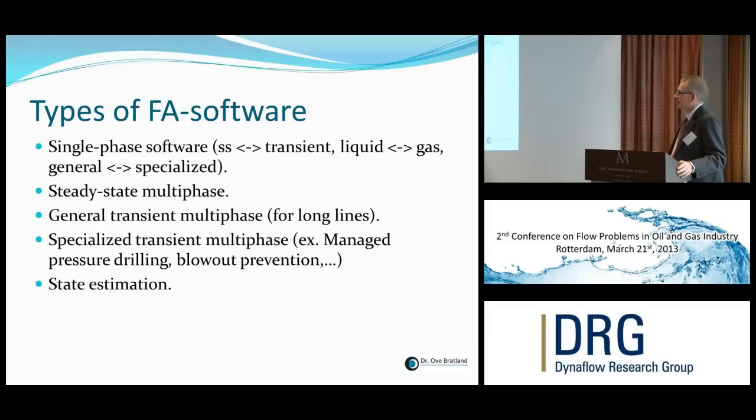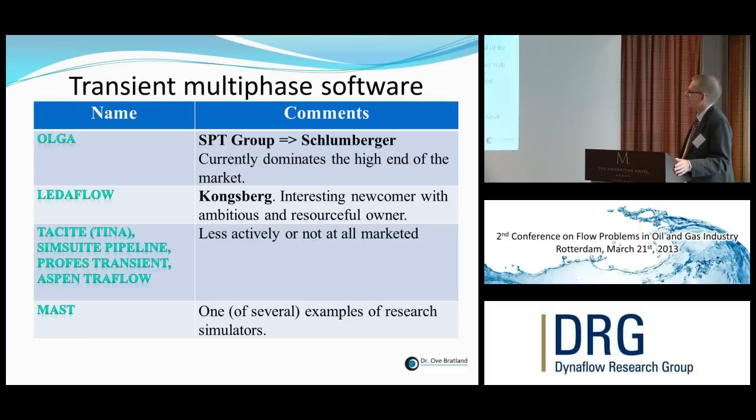Once we go into multi-phase, there are far fewer to choose from, because we go into a much more complicated problem area. And the general ones for long lines, the transient ones, there are very few. There are other things we can do with them, but let's not go too deep into that.